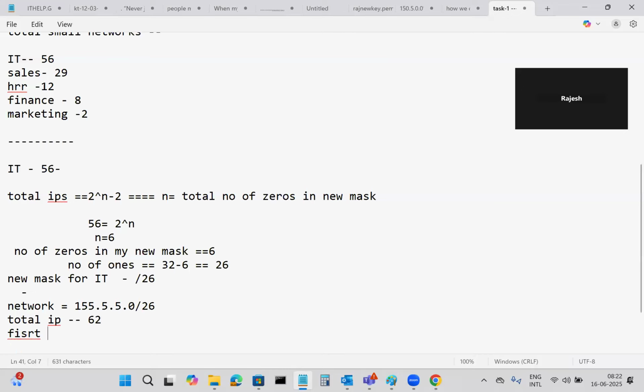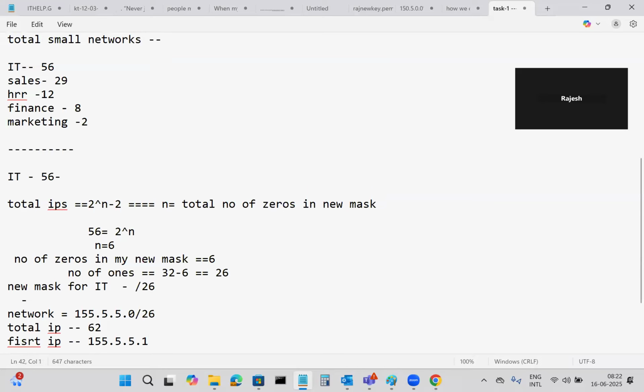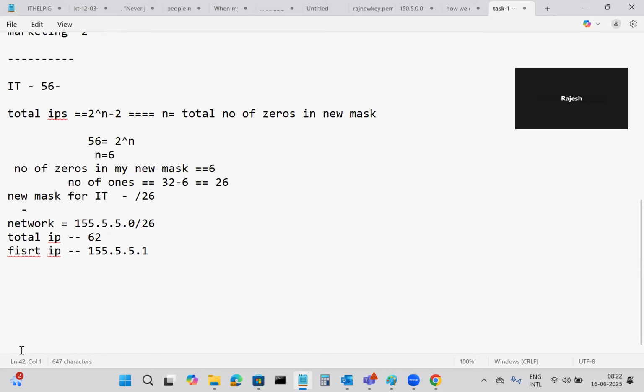First IP will be what? It will be network plus 1, so 155.5.5.1. Last IP will be what? Last IP will be network plus the total number of IPs.